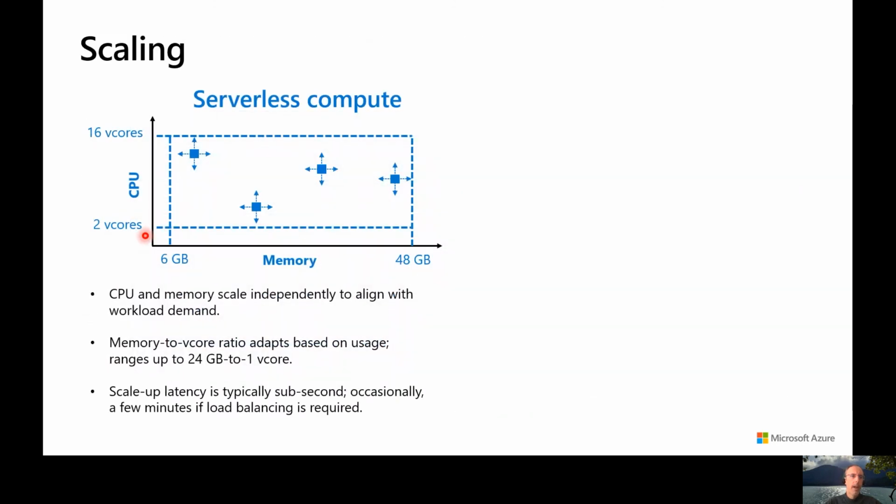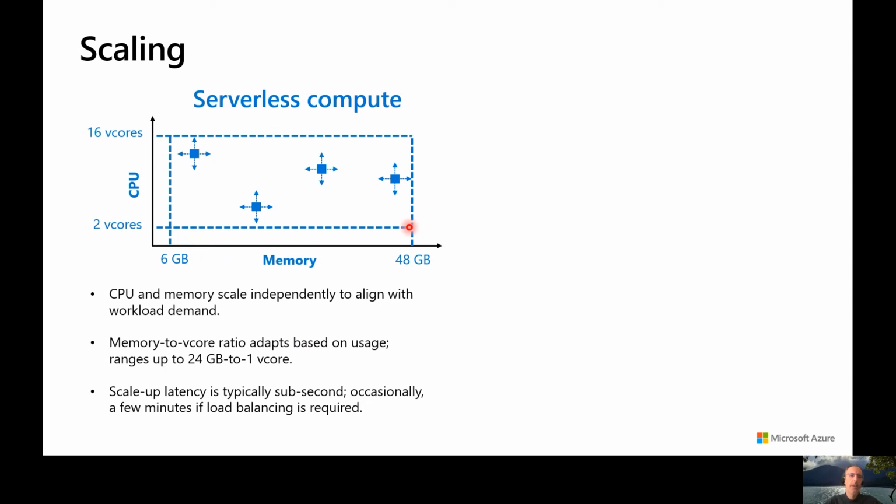So here, in my example, I have a serverless database that's configured with a max of 16 cores and a min of 2 cores, corresponding to a memory range from 6 to 48 gigs. So it could be that this serverless database at one point in time is performing, say, a table scan, and therefore loading a lot of data into its buffer pool, which may require a lot of memory, but very little CPU.